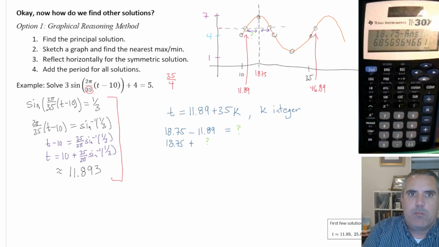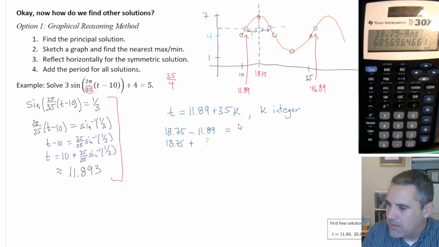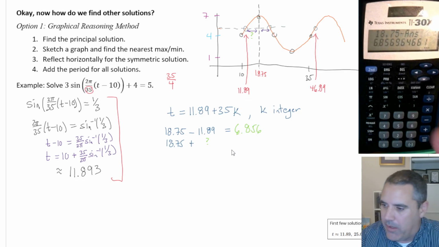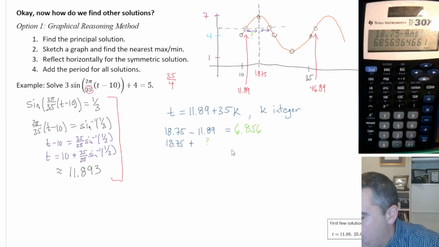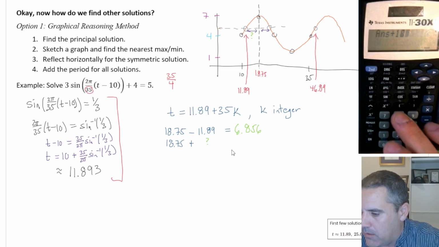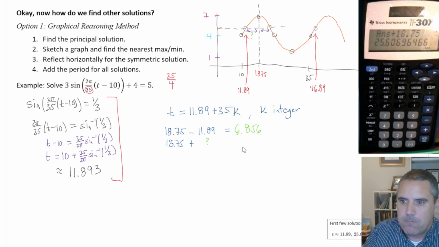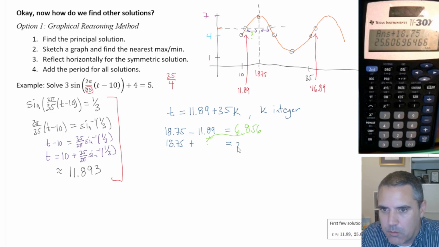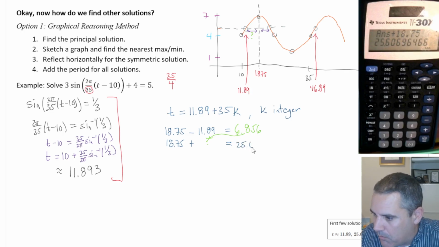So this was, let me make sure you're with me here, this right here is 6.856. I'm going to add that on to 18.75. And I'm done. Equals. I like that I don't have to remember too much stuff, I do everything from my picture.